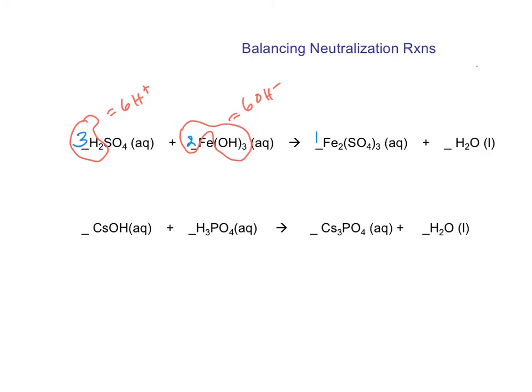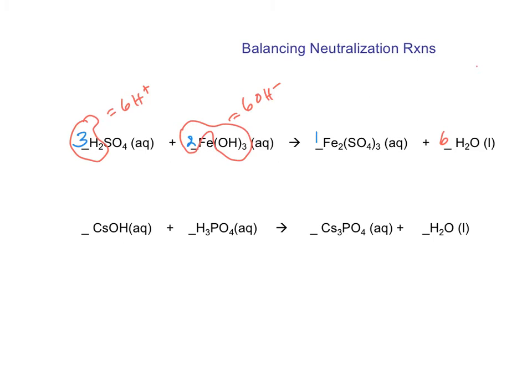So H plus OH minus forms water, and you can make 6 of them like that. Now, if you don't like that, you can just sit there and try and balance sulfur and oxygen and hydrogen. But these are some clues. If you know the nature of these acid-base reactions, you can balance them pretty quickly just by thinking about how the H's and the OH minus combine.